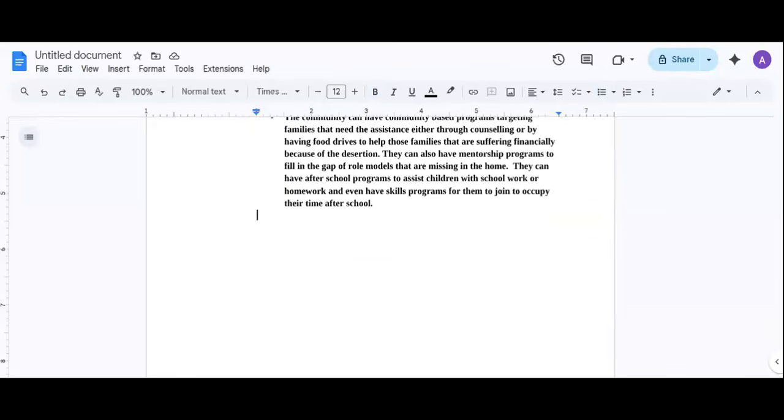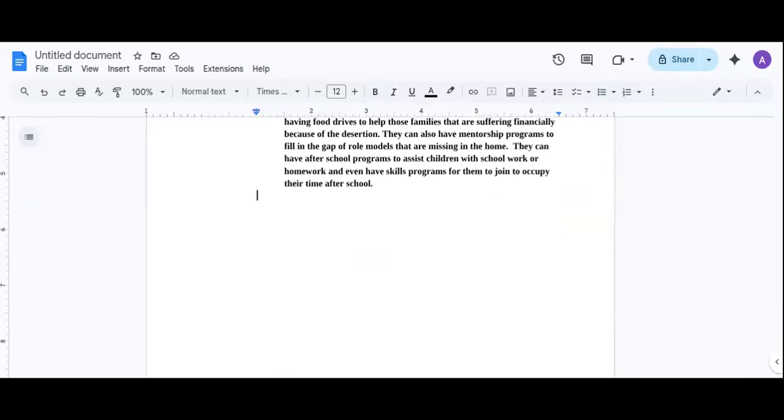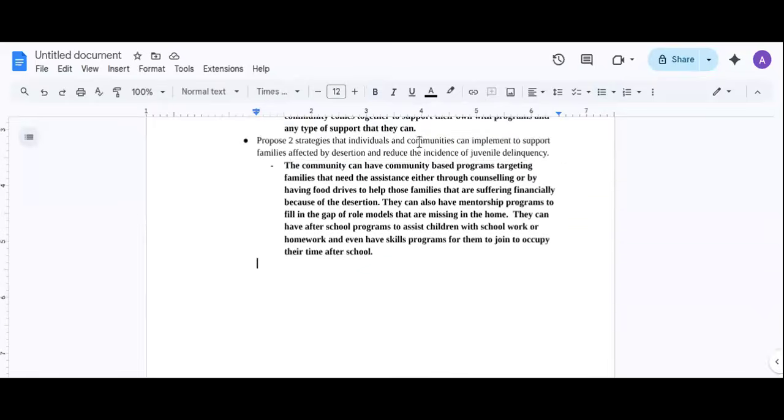They can also have mentorship programs to fill in the gap of role models that are missing in the home. They can have after school programs to assist children with schoolwork or homework, and even have skills programs for them to join to occupy their time after school. So, that is what some strategies that can be put in place to support families.